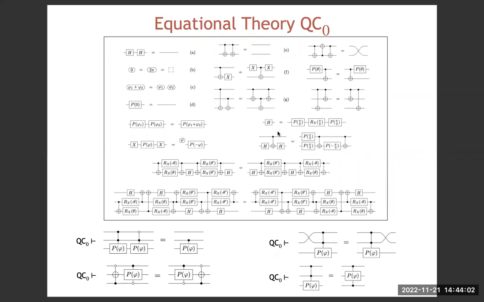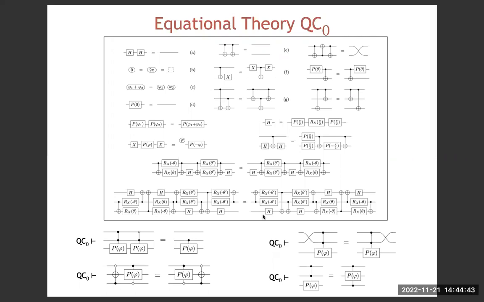Here, a little bit more involved property about controlled-NOT. Actually, this one is a CZ, so controlled Z. But these are standard equations that are used in several papers about circuit transformations. And we add these two equations, which are basically some base cases of these properties. I don't want to go into too much detail about these two equations. I will talk about this a little bit later.